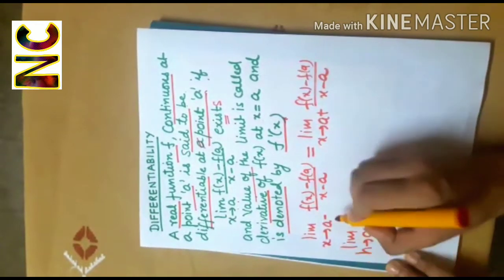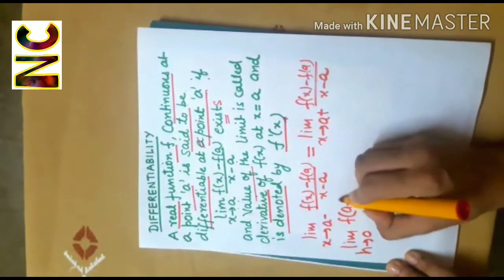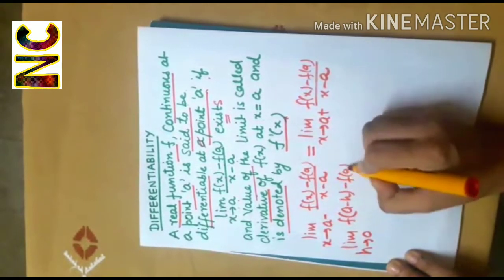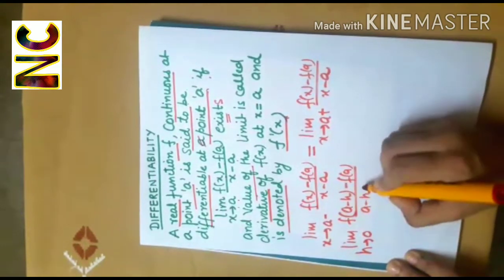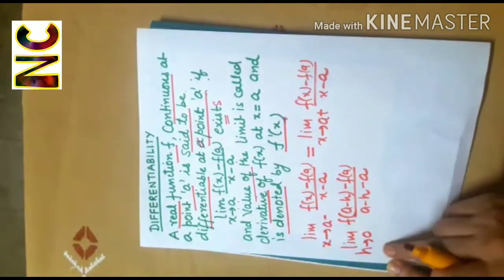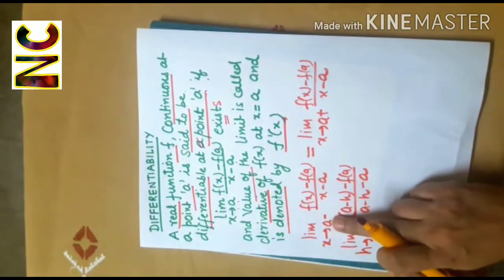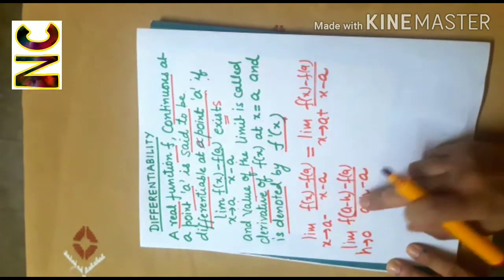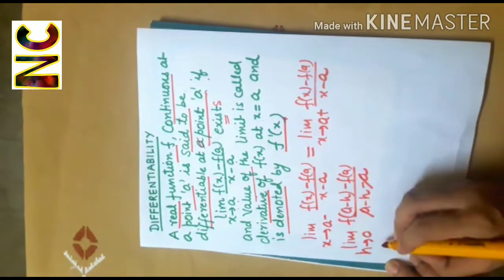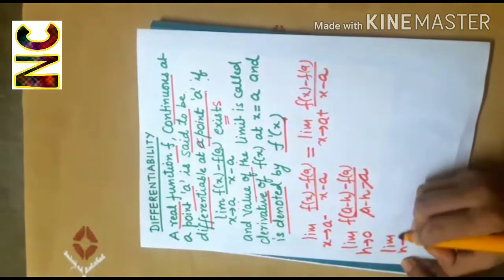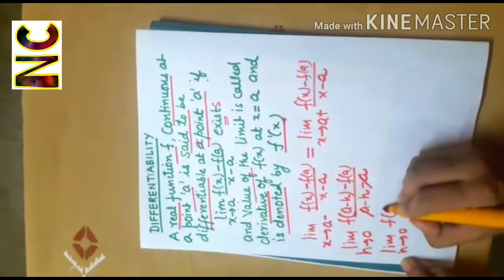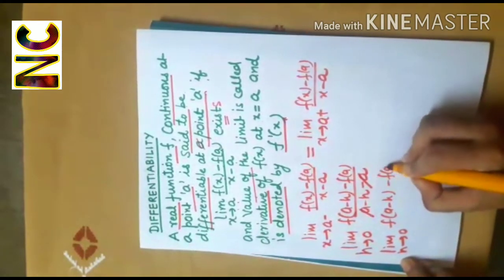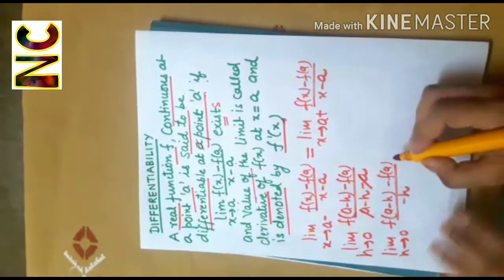and the left hand limit is computed as the limit of f(a minus h) minus f(a) over (a minus h) minus a. We are approaching a through values smaller than a, so we will put x equal to a minus h. This will get cancelled out. So I'll get the limit as h tends to 0 of f(a minus h) minus f(a) over minus h.